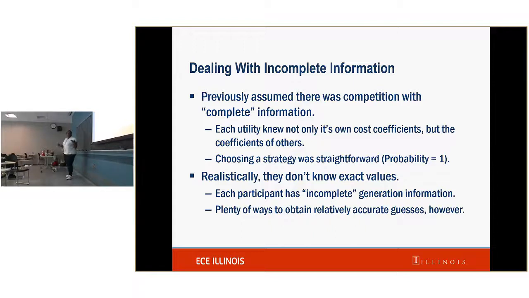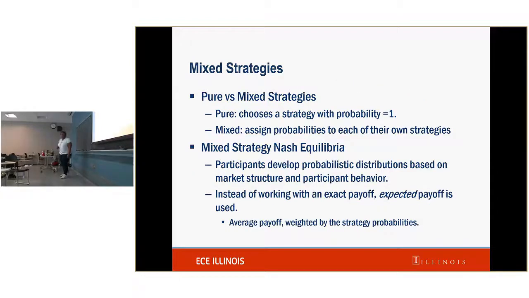So what happens to the analysis? Well, there's actually been research on game theory with what they call incomplete information. Instead of pure strategies, where I chose a strategy with probability 1 because I knew what everybody else looked like in the system, I now have to assume that I don't know for sure what everybody else is doing, but I can apply some sort of probabilistic distribution to their behavior.